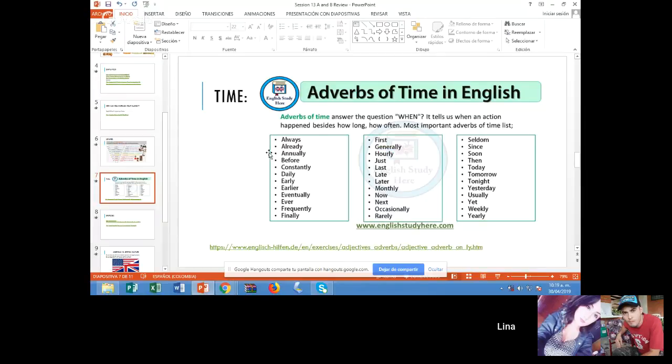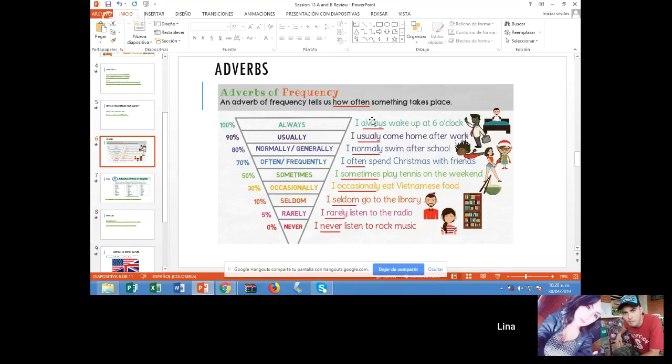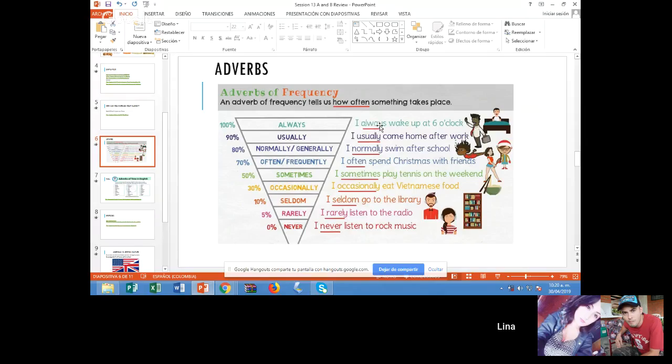Okay? Like you mentioned before, here we have some adverbs of frequency, and we normally use the subject plus the adverb plus the main verb of the phrase, and after that the rest of the phrase.